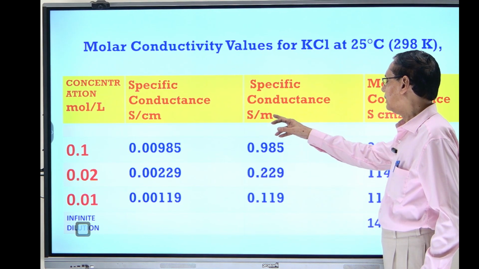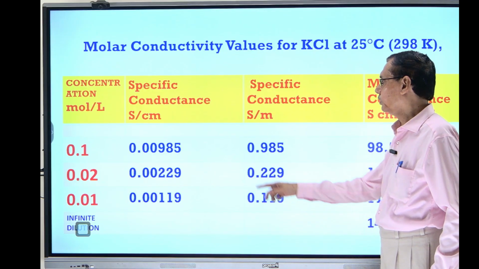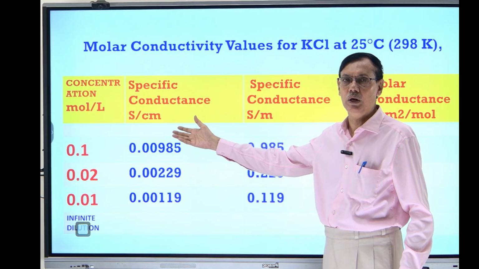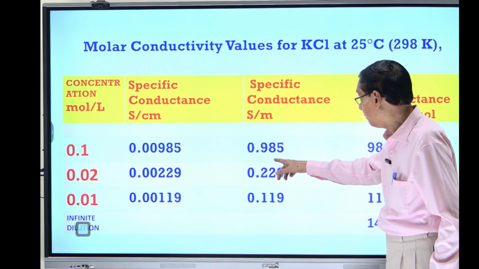So specific conductance सीमेंस पर मीटर. So you see that how you convert is very school level. इस सेंटीमीटर से हमने मीटर में कन्वर्ट किया, इसलिए देखिए वैल्यूज अलग हो गया.